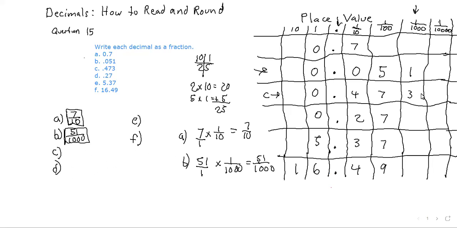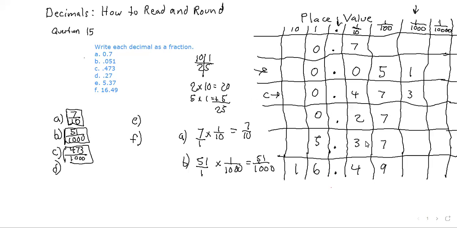Those are the digits, 473. The denominator of the fraction is always going to be the place value. So it's thousandths, so it's 473 over 1,000. That's the answer to C.